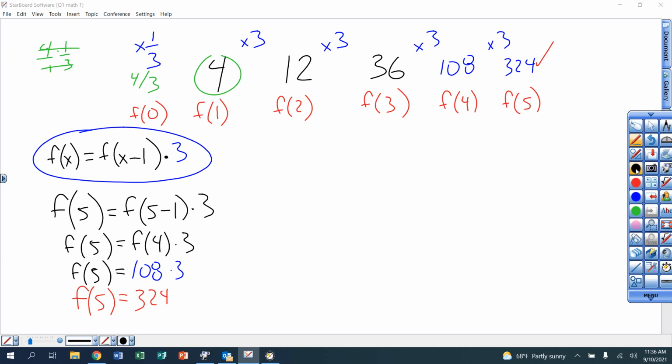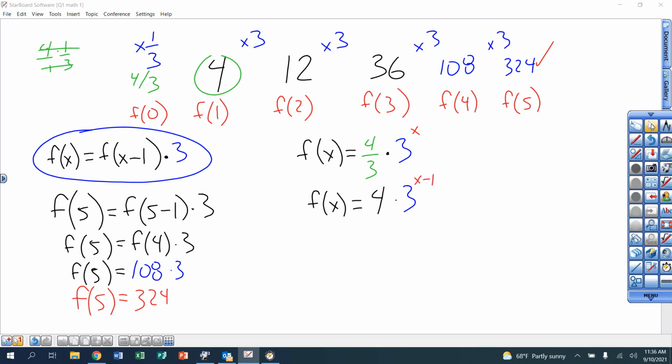Explicit, here I go. Explicit, I could either use that 0 term, 4/3, times R to the x power, or I could use f of x equals the first term in that sequence, 4 times 3 to the x minus 1 power.